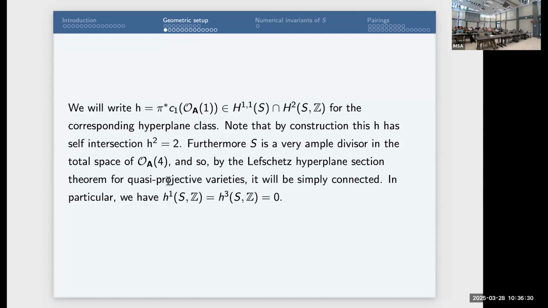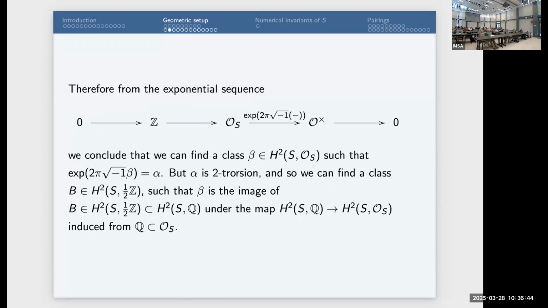So by the Lefschetz type theorem for quasi-projective varieties, which will be simply connected, the groups H1 and H2 vanish. So therefore, we can use the exponential sequence to conclude that for the class beta in H2 of O, the exponential of alpha, there is B in H2 of S with coefficients in Q, mapping to alpha.